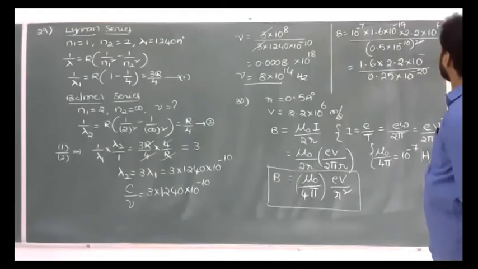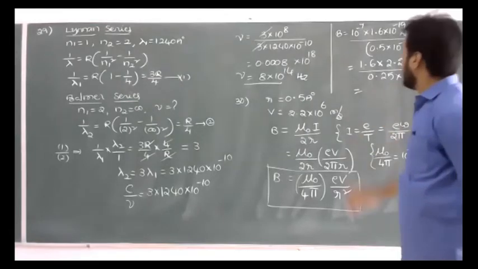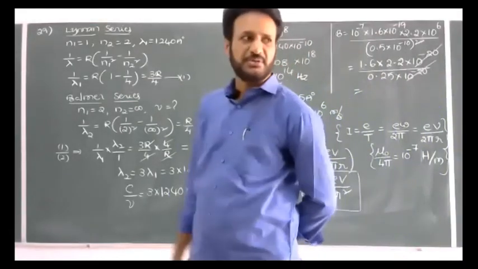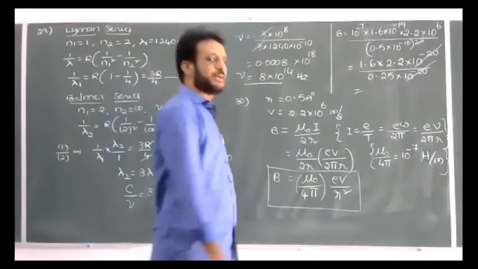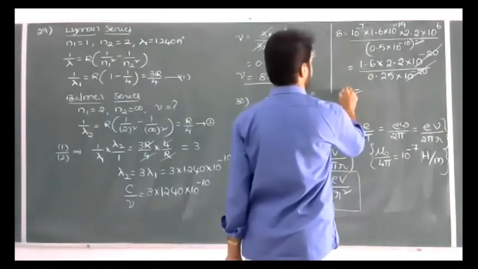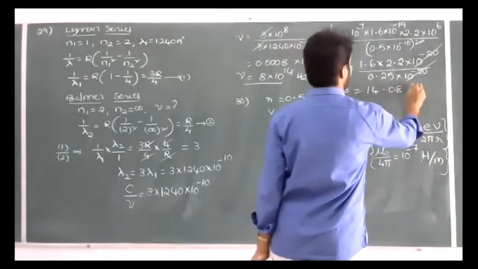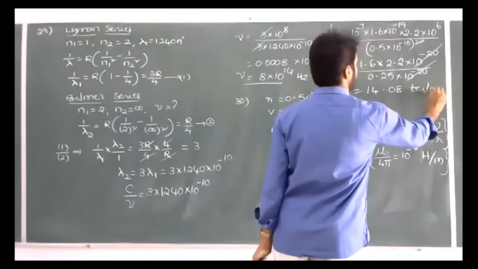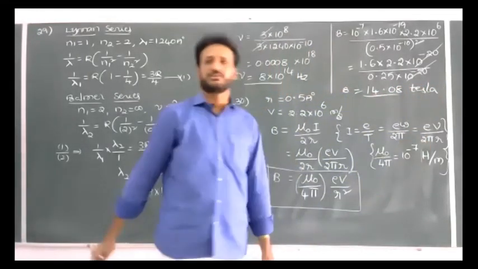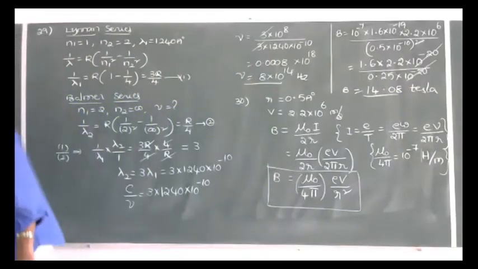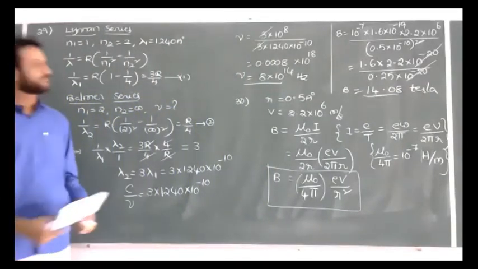So 10 power minus 20 gets canceled. 1.6 into 2.2 divided by 0.25 is 14.08 Tesla. The unit of the magnetic field is Tesla.